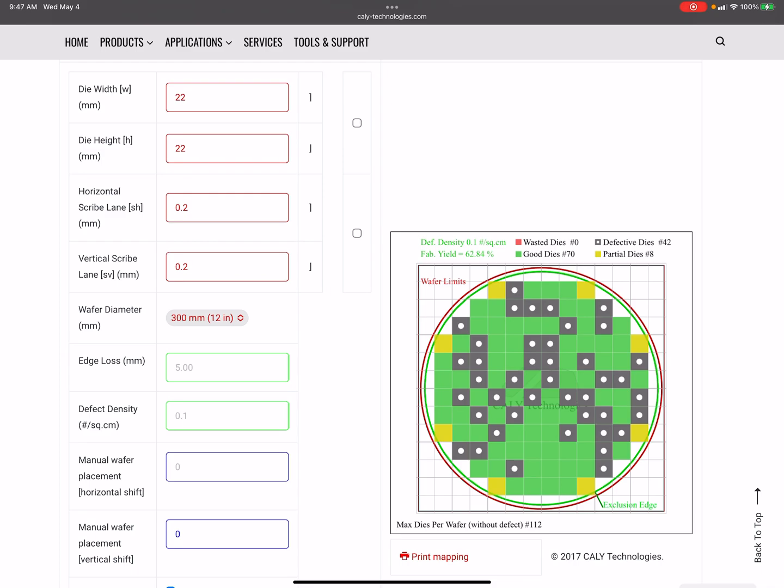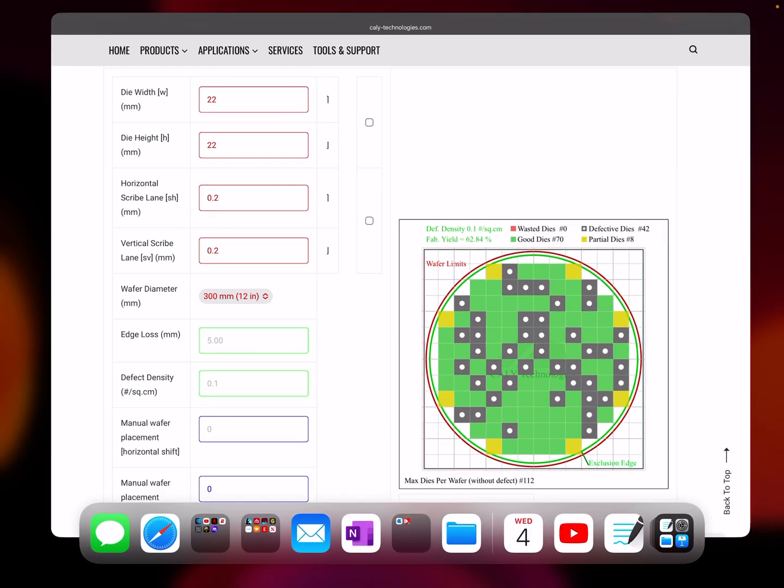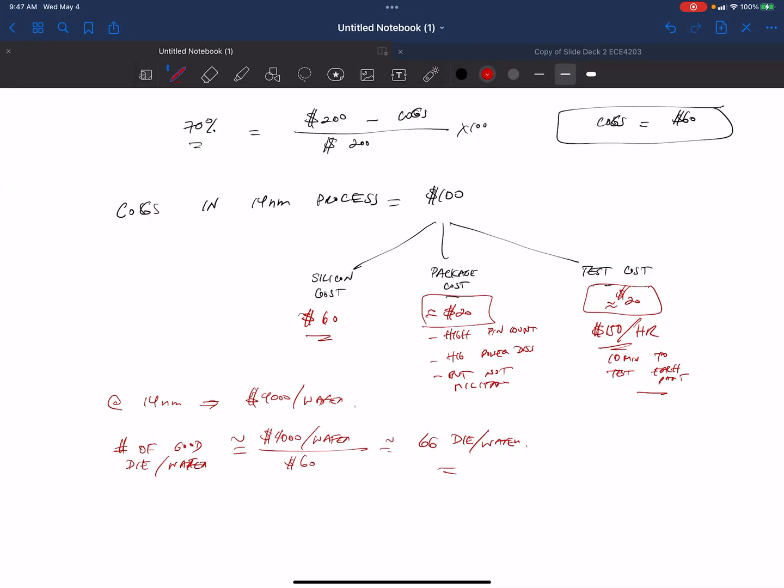Okay, so that's pretty close. We were estimating 66. So basically my estimate is that at 14 nanometers, the silicon die size is 22 by 22 millimeters.